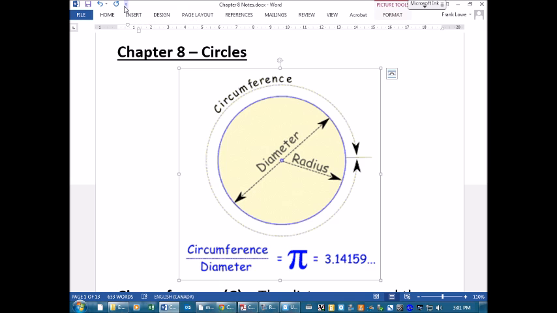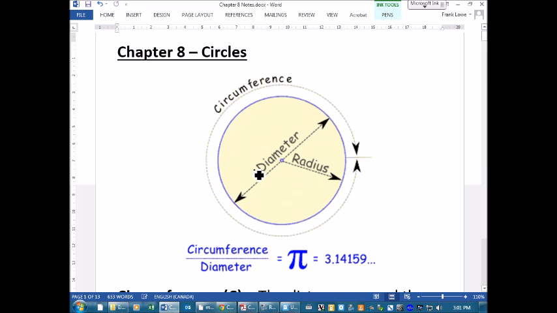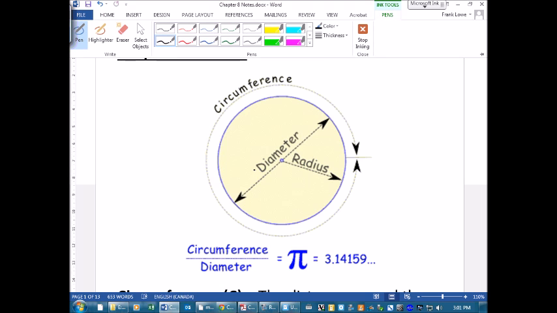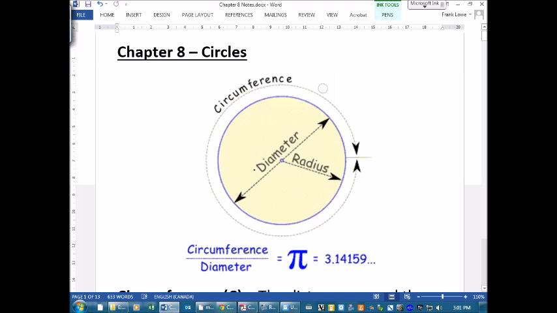So now we're going to look at this diagram. It's a really good representation, I think. So first thing we're going to look at is this thing called diameter. Diameter is the distance straight across, just like this arrow shows, straight across a circle right through the middle.